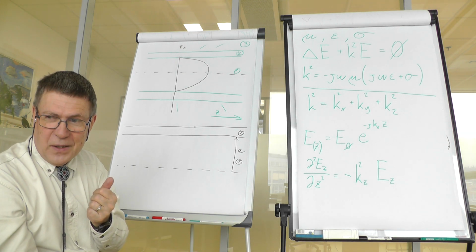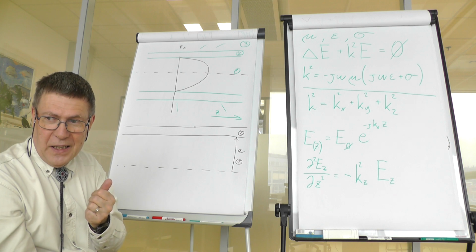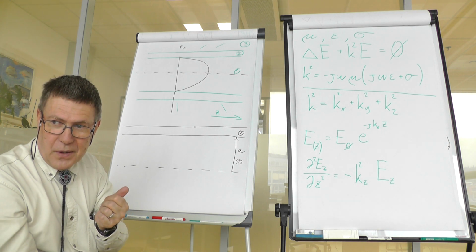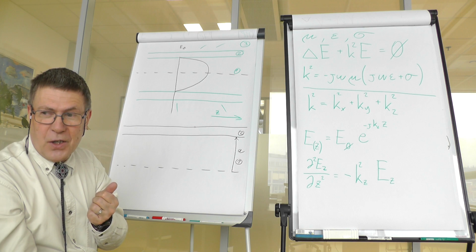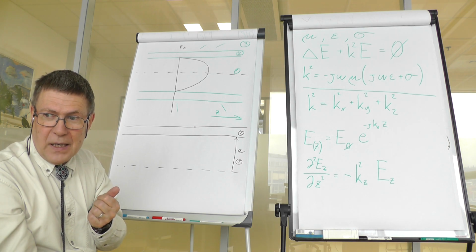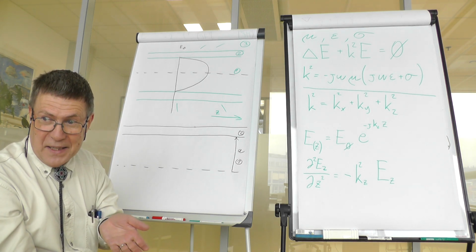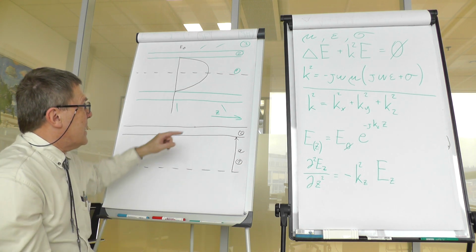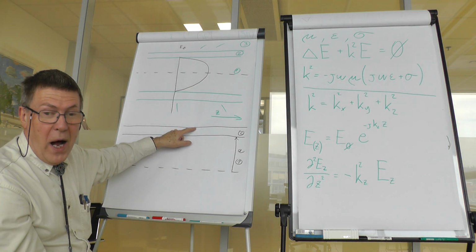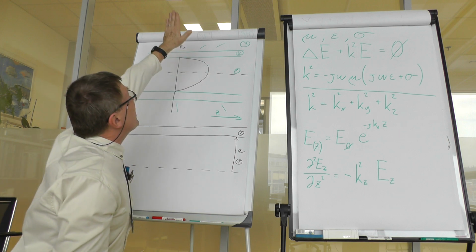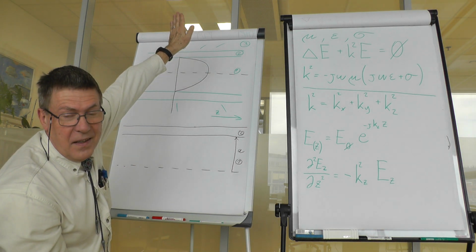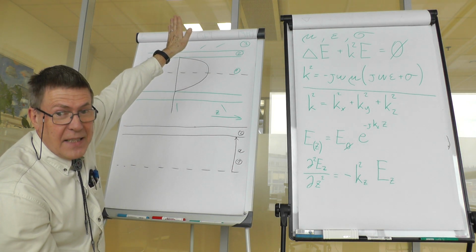Our field should be bound so that the energy of the field is not exceeding any limits. That means that we should strictly require that somewhere upstairs in infinity the field gets zero.